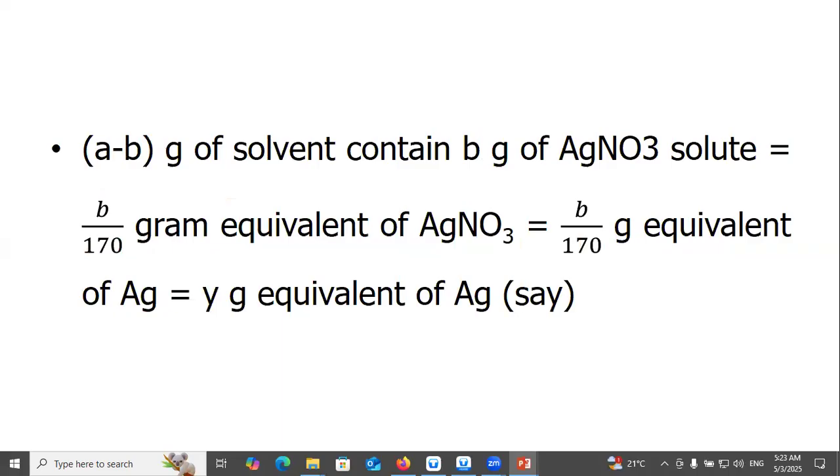A minus B gram of solvent contains B gram of silver nitrate solute, that is B over 170 gram equivalent of silver nitrate, equal to B over 170 gram equivalent of silver, equal to Y gram equivalent of silver.